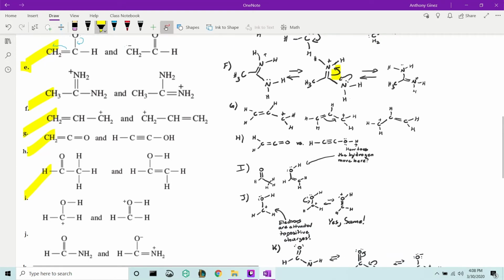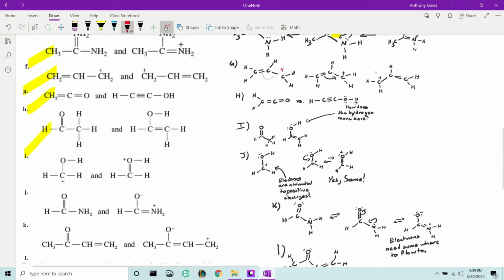Question G, I have illustrated here. We have a positive charge on the right carbon atom. This effectively creates a sink for electrons to flow into, allowing this double bond of electrons to transfer over here, leaving behind a positive charge on the leftmost carbon atom. So yes, this is a resonance structure.